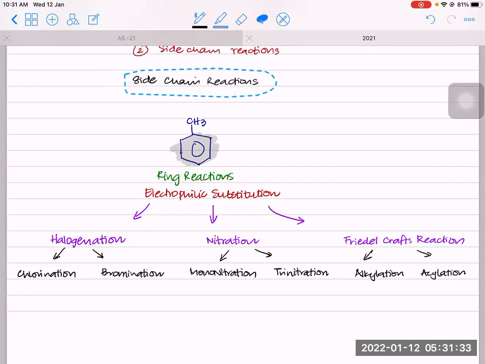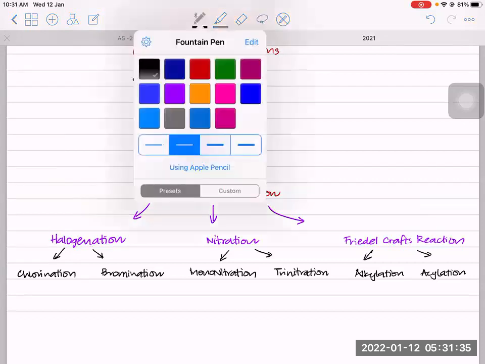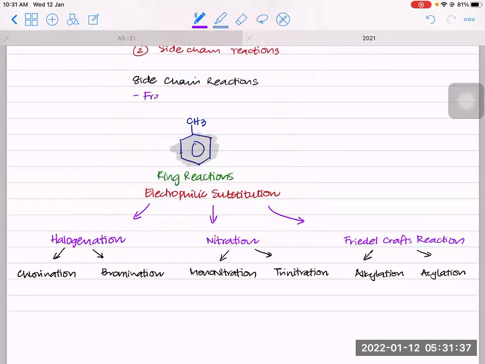So there will be two side chain reactions. You will have free radical substitution, just like you saw in alkanes and AS. You'll have it here as well. And there will be oxidation with KMnO4. So there would be oxidation with aqueous KMnO4, and there would be free radical substitution.